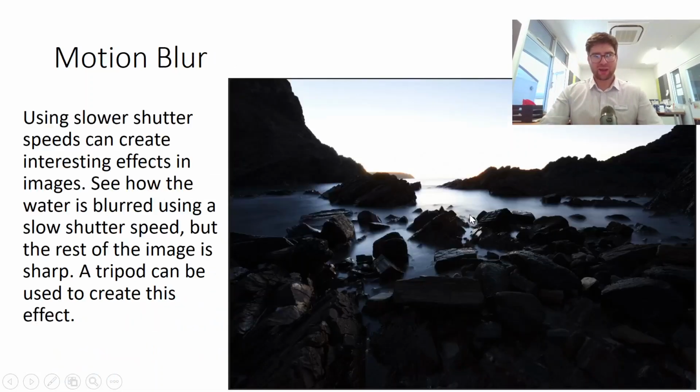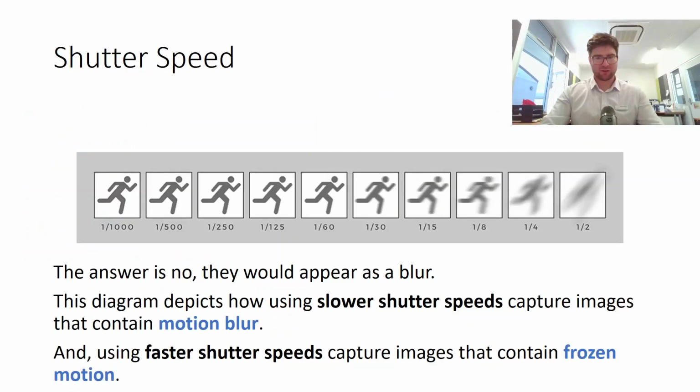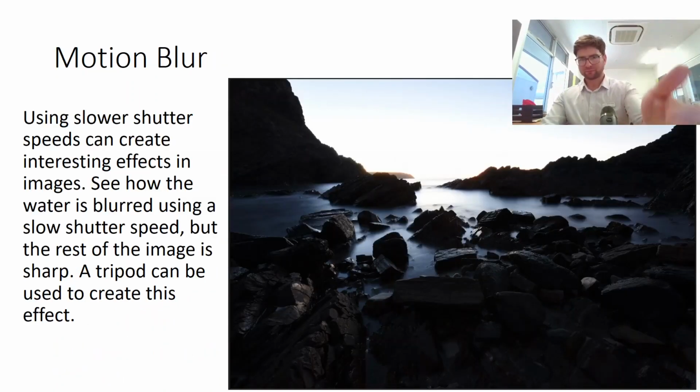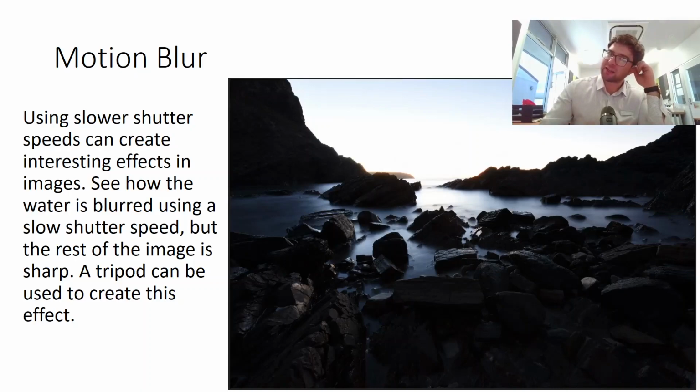There are reasons why you might want to use slow shutter speeds, though, because you might not always want blurry photos of people. But in cases like this, you see here, a slow shutter speed has been used to make the water appear milky and smoky, like mist. That's actually just water coming in and out on the rocks.